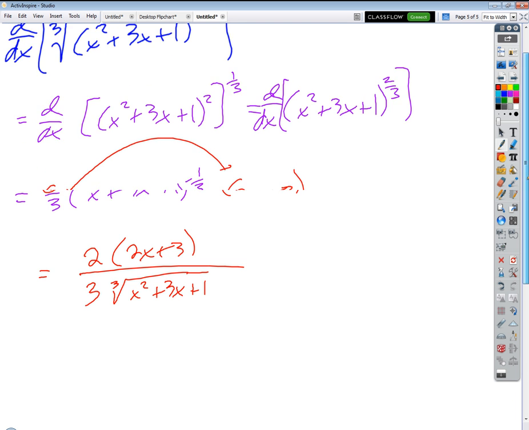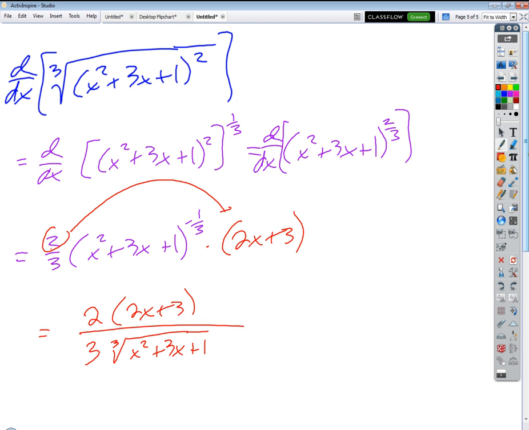Where did you get the 3? Because of the minus 1/3: the minus means it's on the bottom, the 1/3 power means cube root, and the 3 was already there because it was in the denominator.